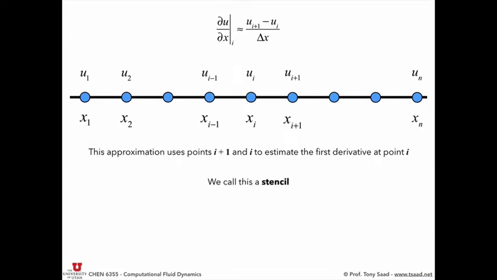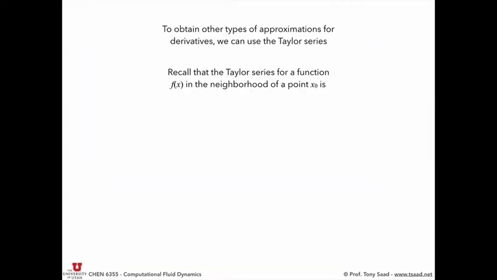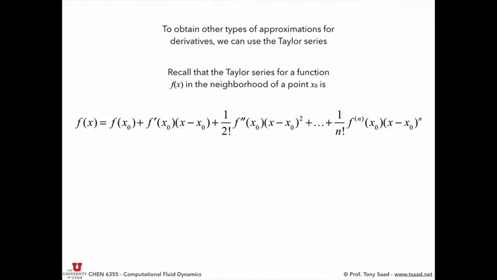We'll describe one method based on the Taylor series. To obtain other types of approximation, we're going to use the Taylor series. Now recall that the Taylor series of a function f of x in the neighborhood of a point x0 is given by this infinite series.